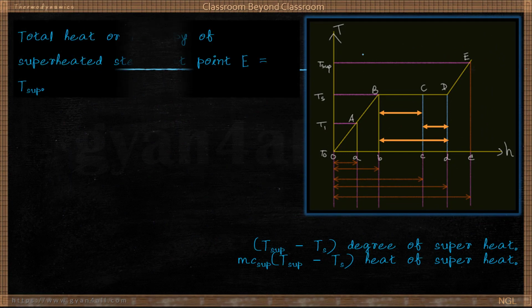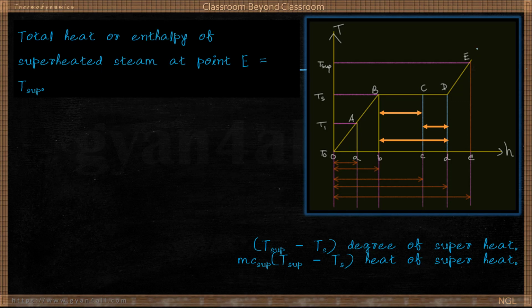Now we will again consider the point E. Where is the point E located? In which region is it? In the liquid region, the vapor region, or the dry region? Dry. Yes.